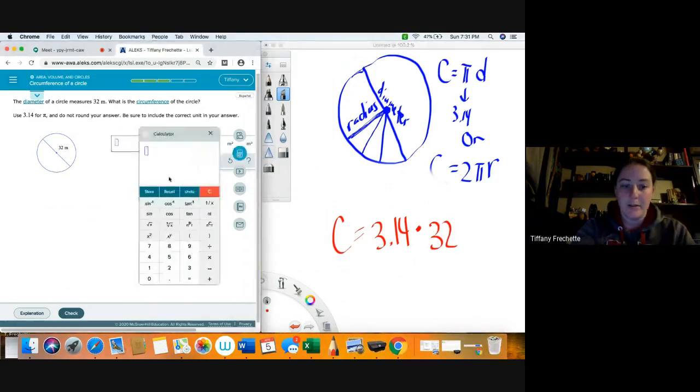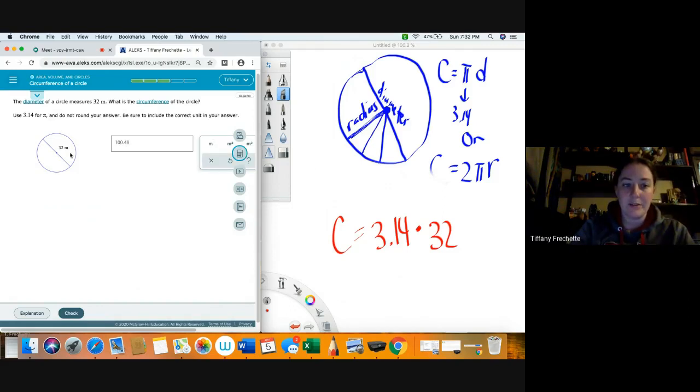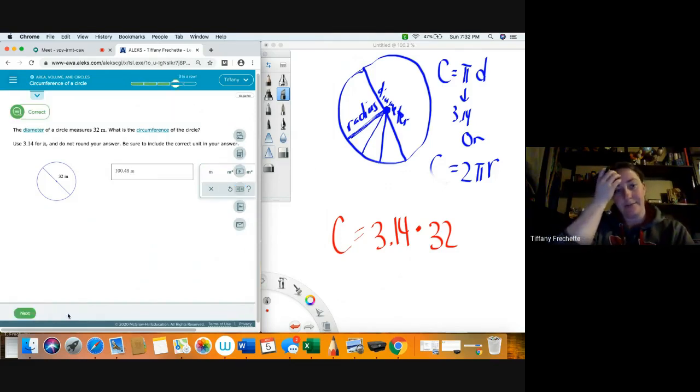So 3.14 times 32 equals 100.48. And then again, don't forget your units. It's 100.48 what? Meters. Check. All righty, another one down.